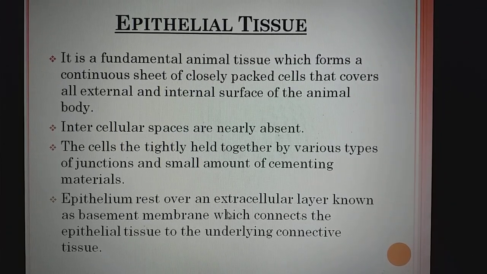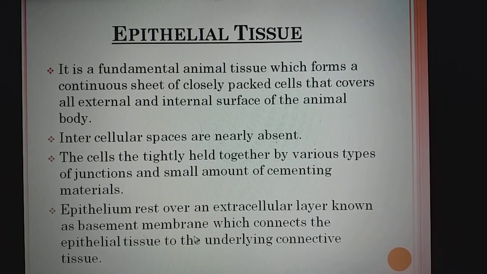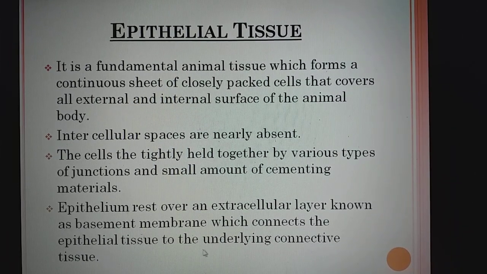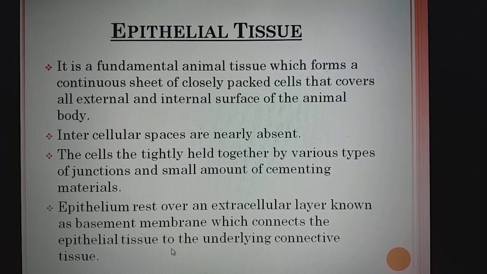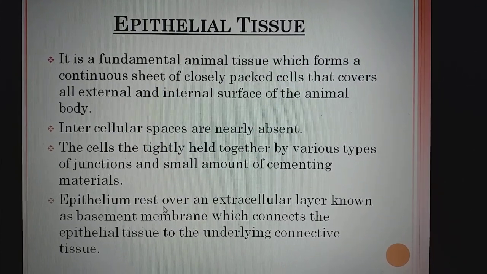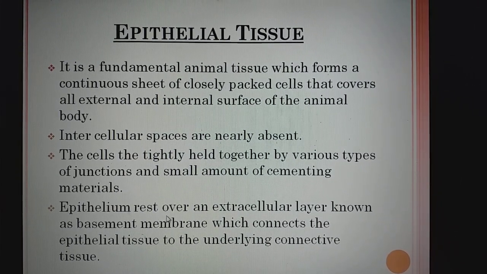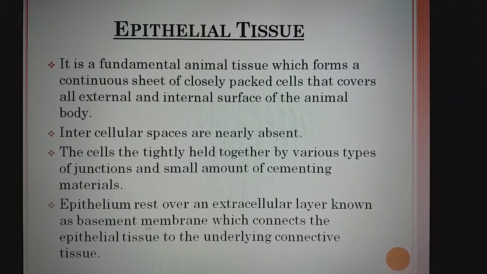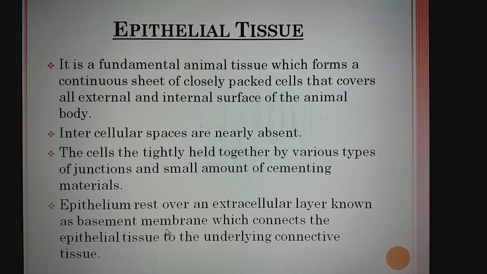Epithelium rests over an extracellular layer known as the basement membrane, which connects the epithelial tissue to the underlying connective tissue. So we can say that this epithelial tissue not only rests over the basement membrane, rather this basement membrane separates the epithelial tissue from the underlying connective tissue.